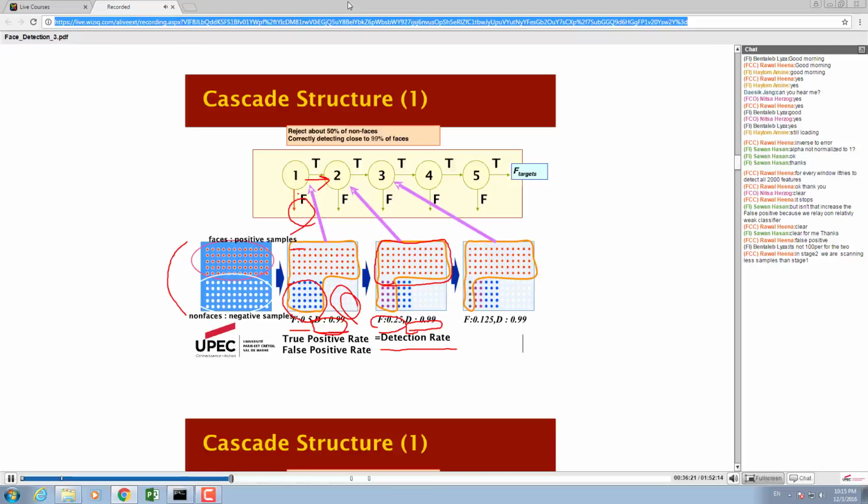Inevitably some of them will be discarded, but most of them, 99%, will be preserved. For the negative samples from the previous stage, now we can filter out half of them.